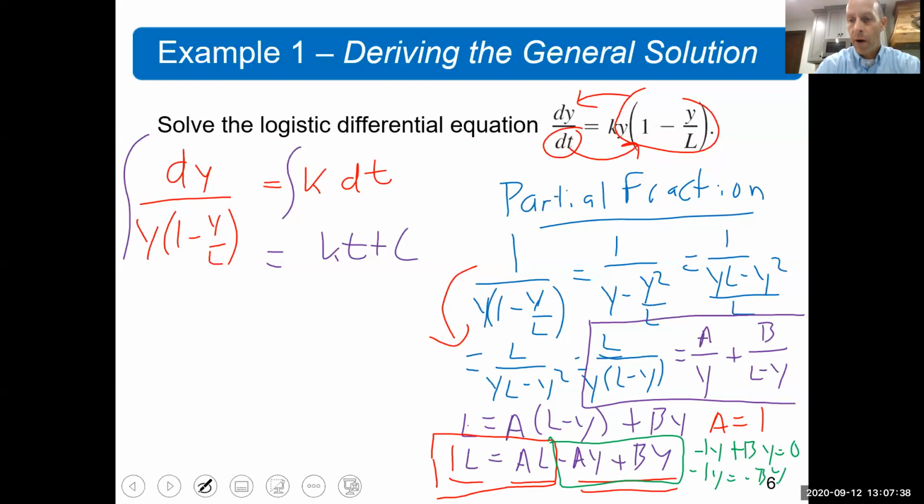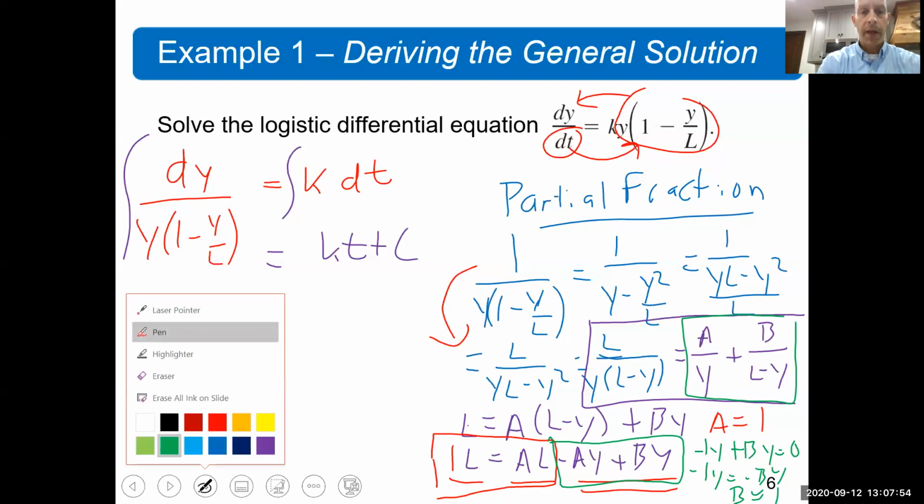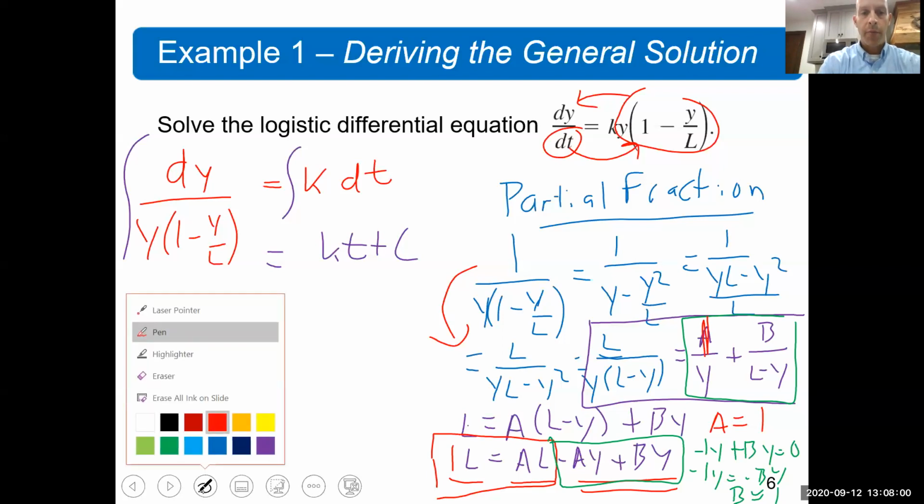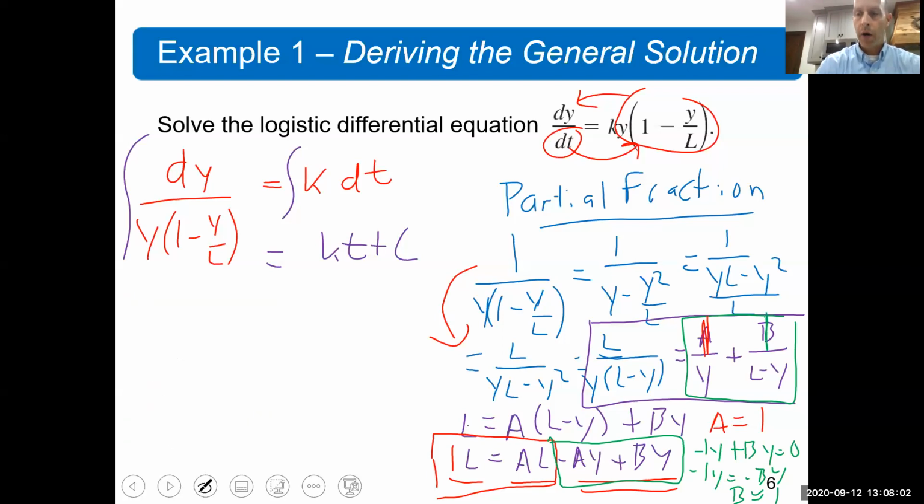So therefore, B is also going to be 1, positive 1. In other words, this fraction right here, A over y plus B over L minus y, can now be rewritten so that A is 1, so I'm going to make a 1 right there, and B is also 1.